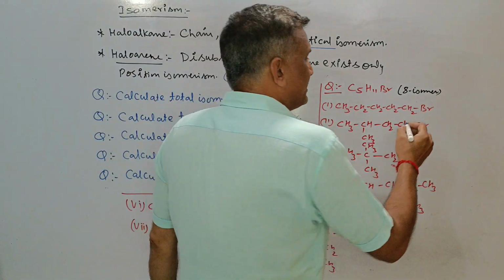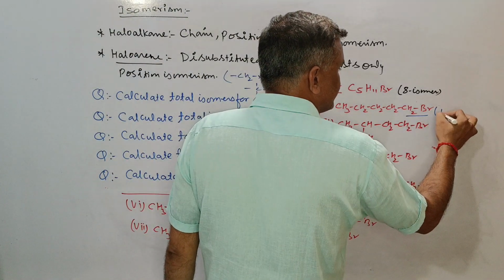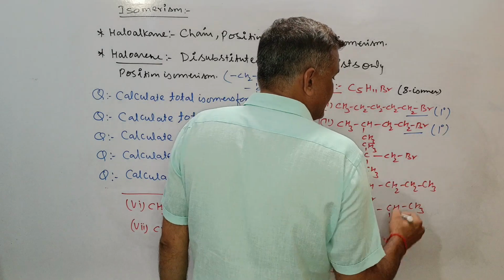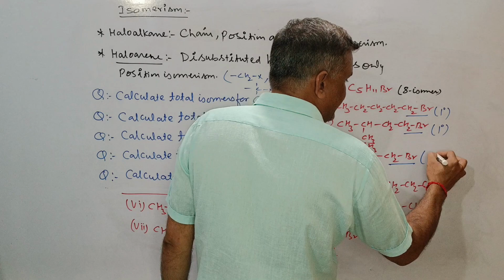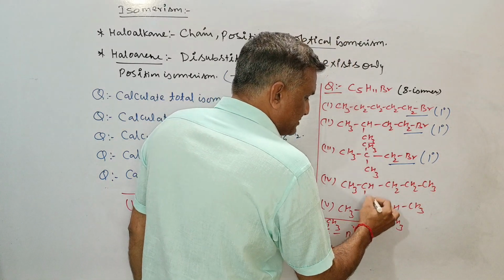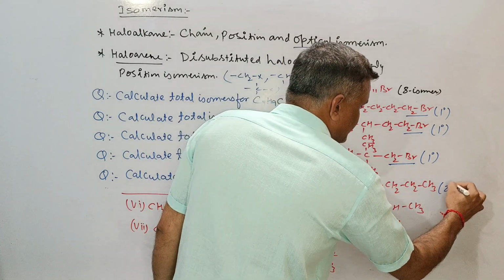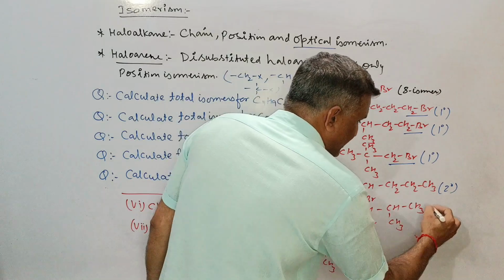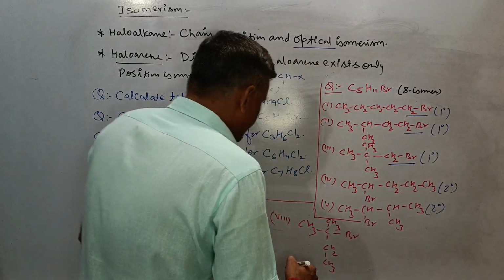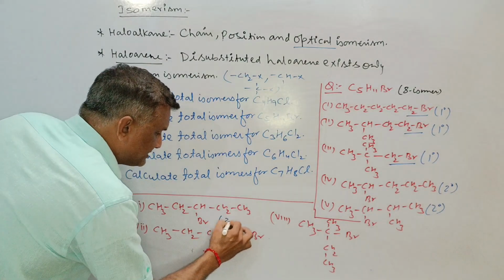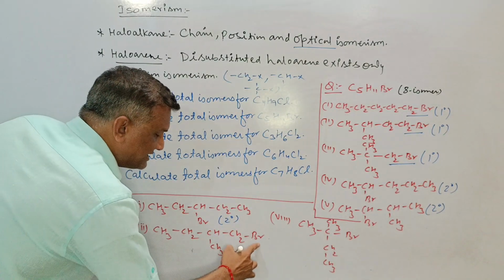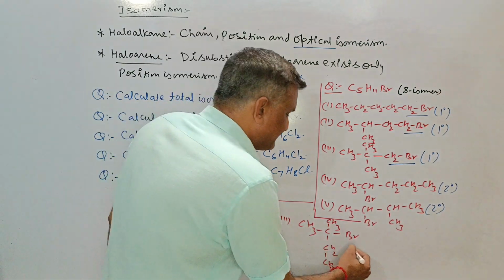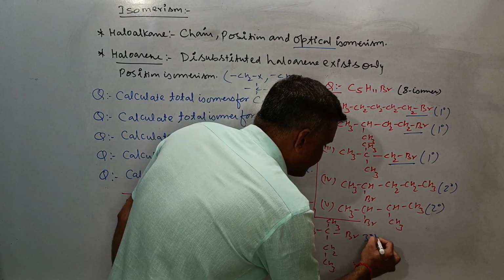So this is your CH2X 1 degree, this is again CH2X 1 degree, this is again 1 degree, this is CXX so 2 degree, this is CHXX as a halogen atom so again 2 degree, this is again 2 degree CHX, this is the CH2Br so it will be CH2X as a 1 degree, and this will be your 3 degree.